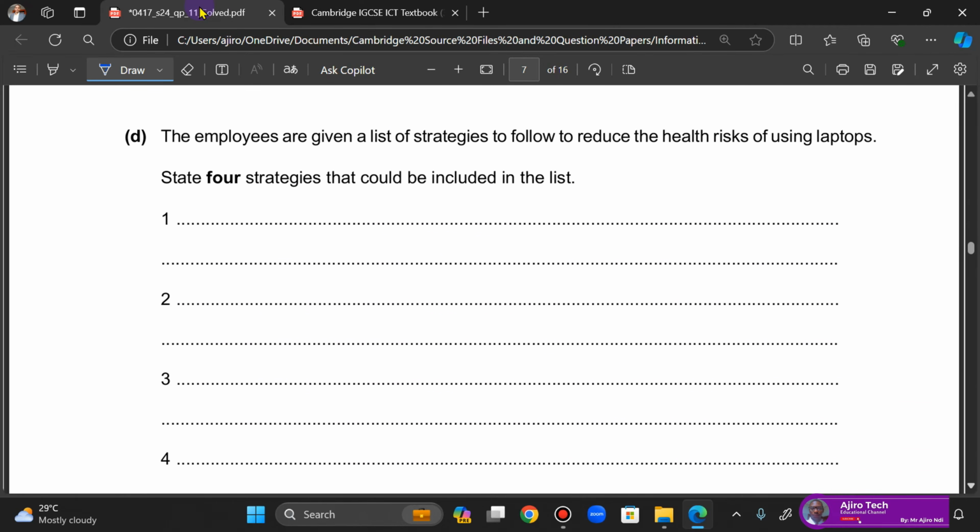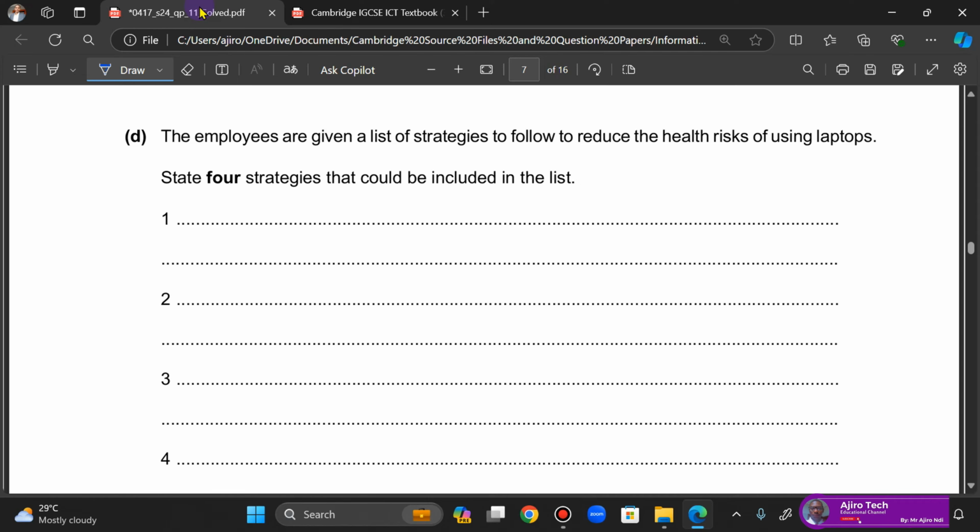Okay, the employees are given a list of strategies to follow to reduce the health risk of using a laptop. State 4 strategies that could be included in the list. So number one, the continued use of typing could cause what we call a repetitive strain injury.